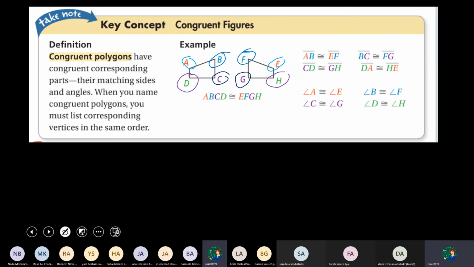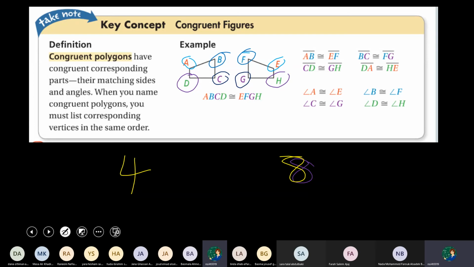Okay, now how many congruent statements did I write? 8. And how many sides does the shape have? 4.